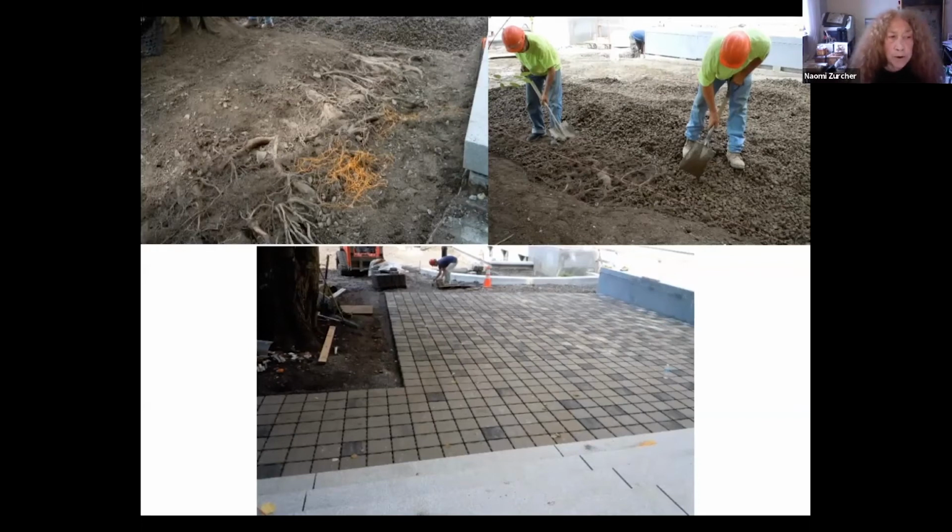What's most important is that the tree's life is extended with the probability of greatly enhanced root growth accommodation. Careful consideration has to be given to location, use, and expected pollutants in order to determine the most appropriate paving solution.